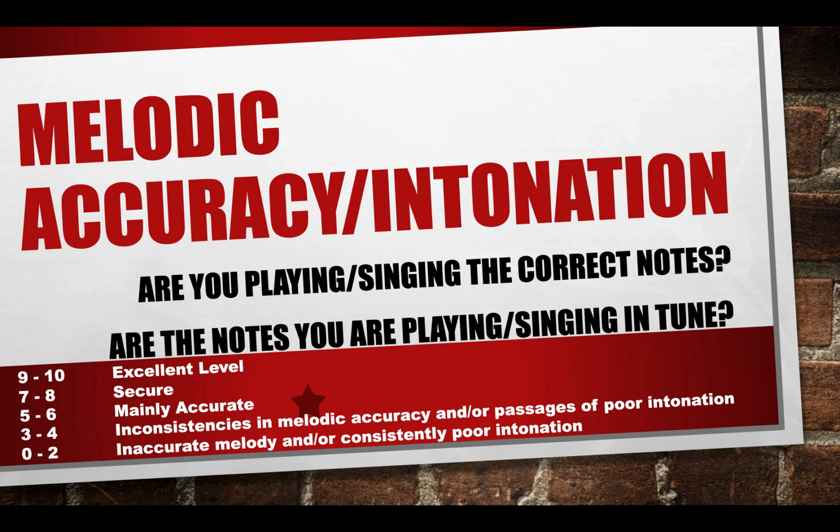You'll be marked from 0 to 10, with 0 to 2 marks being inaccurate melody and or consistently poor intonation, 3 to 4 inconsistencies in the melodic accuracy and or passages of poor intonation, 5 to 6 is mainly accurate, 7 to 8 is secure, and 9 to 10 is an excellent level of melodic accuracy and intonation.